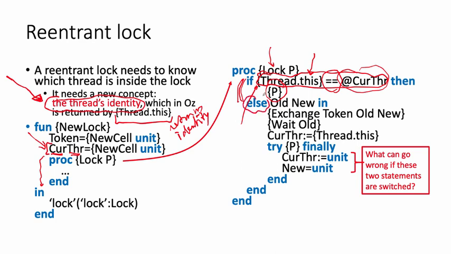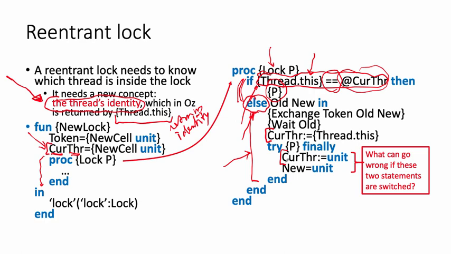However, if the thread identity is false, if the equality is false, so a new thread is trying to get in, then I go to the else and I will run the code as before. There are small changes. I have to assign this current thread.